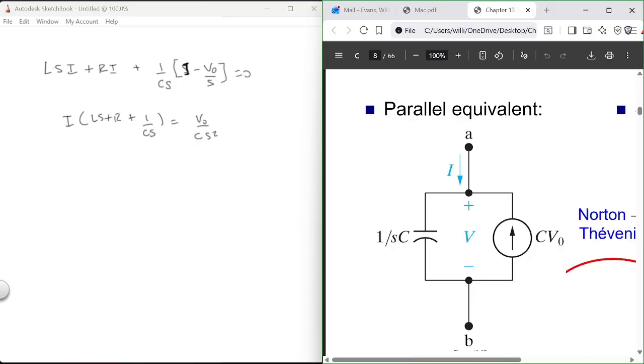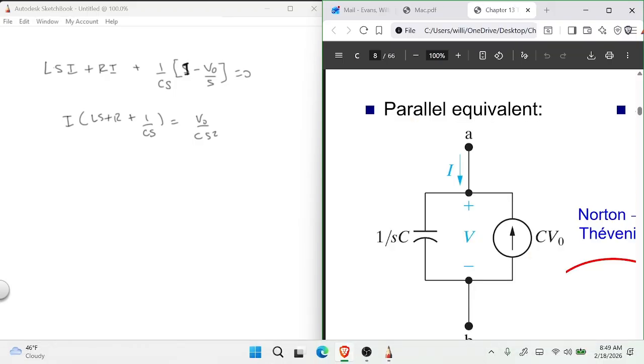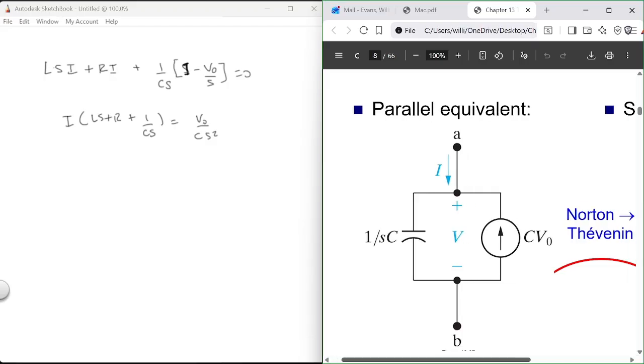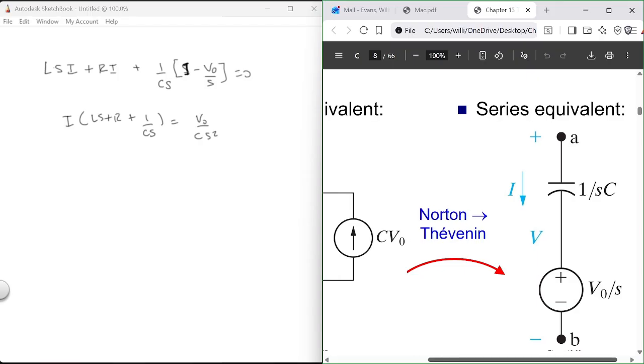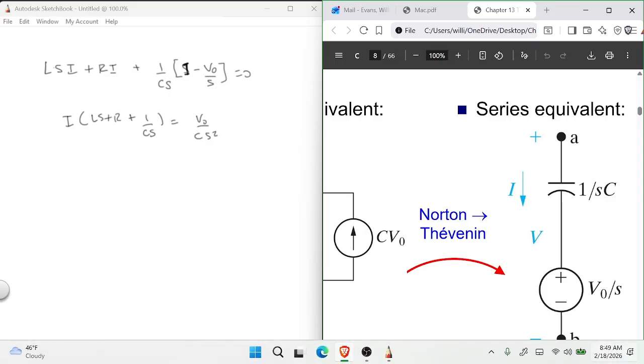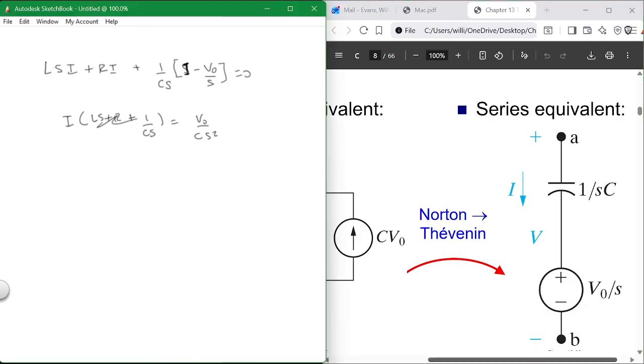Let me go back and look, make sure I've got this right. I think, instead of being like this, I think it's supposed to be like that. I over CS, and then, yeah.